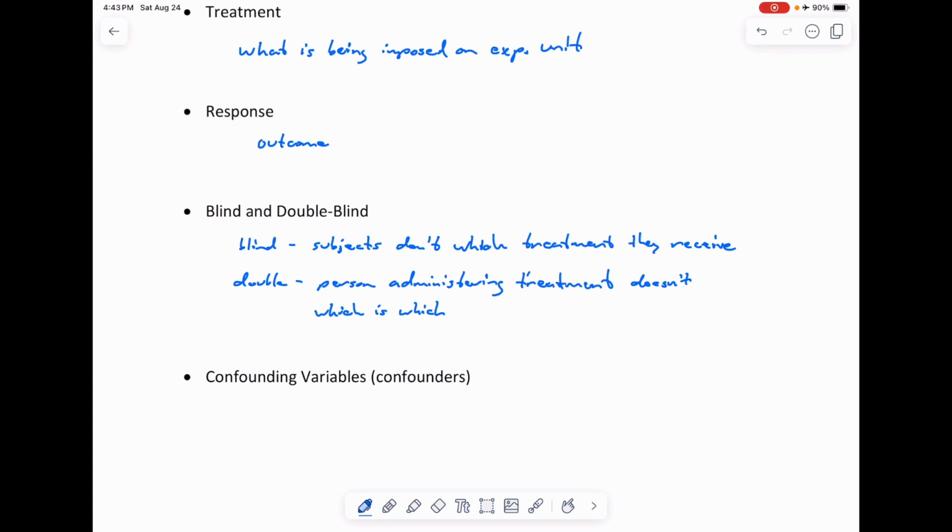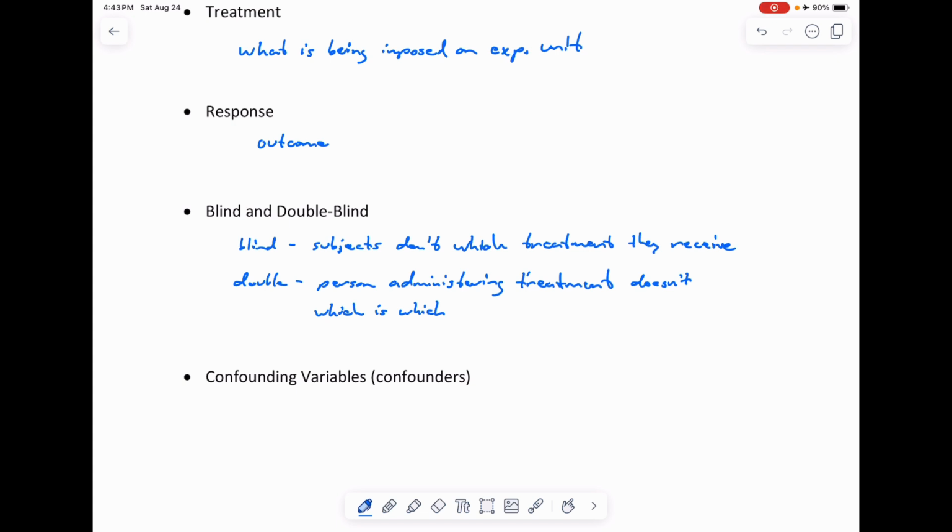And again, that's just so that through nonverbals, through our body language, we don't accidentally tip off to the subjects which one they're getting. Okay, so if I, as the person administering, handing out the drug, handing out the placebo, don't know which is which, there's no way that I can possibly insinuate, infer, or communicate in any way to the subject which one they're getting.